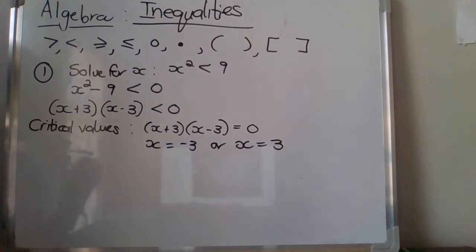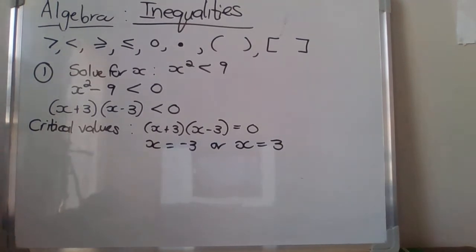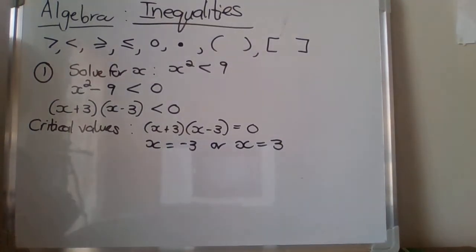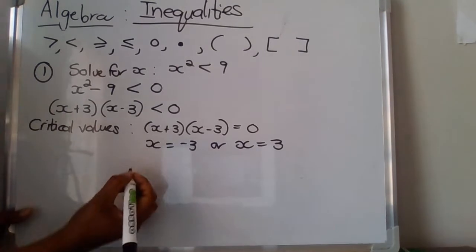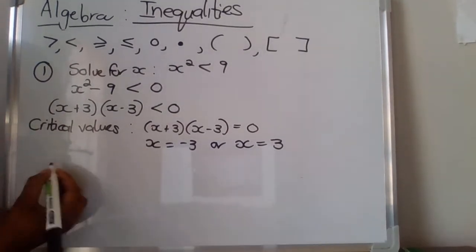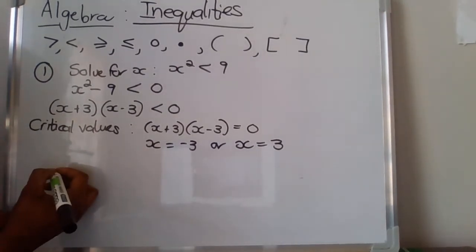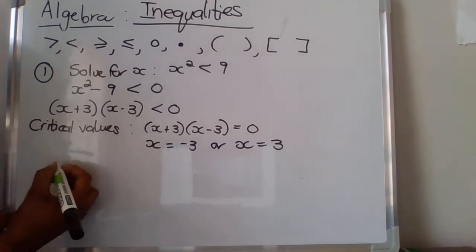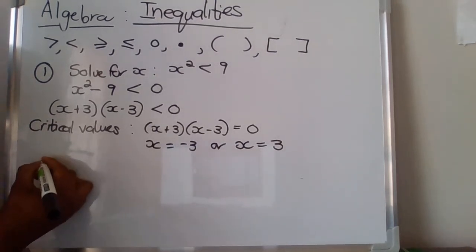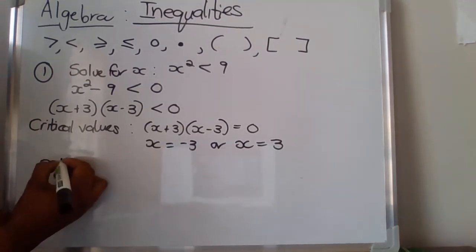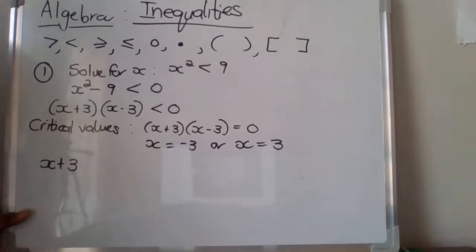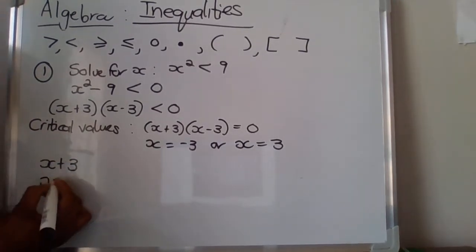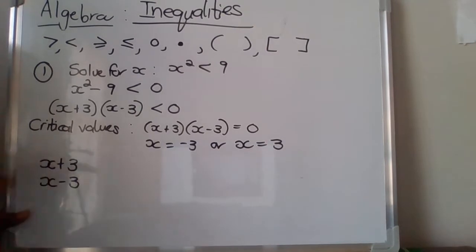Then I use the sign table. So this is the first method, where you represent your critical values, okay? My first critical value is at x plus 3, okay? My second one is at x minus 3.